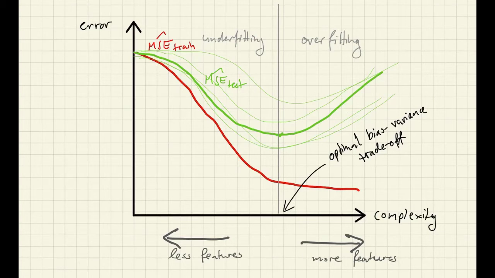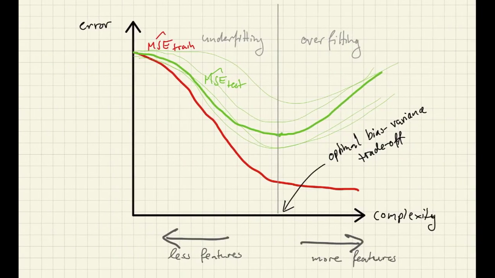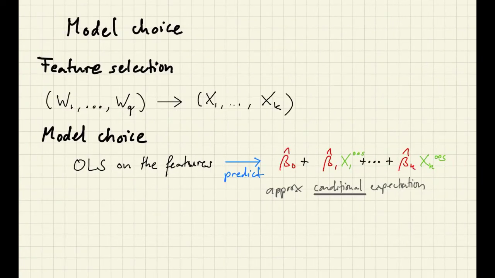OLS doesn't care at all about variance. So now let's look at a different model choice that doesn't care about bias but cares all about variance, and this one will be the sample mean.